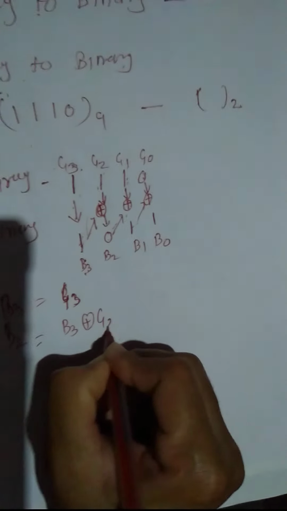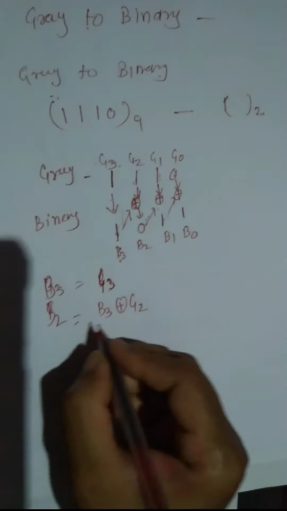B3 XOR G2. Next, how do we get B1? B2 XOR G1. And how do we get B0? B1 XORing with G0, B1 XOR G0. This is the conversion from gray to binary.